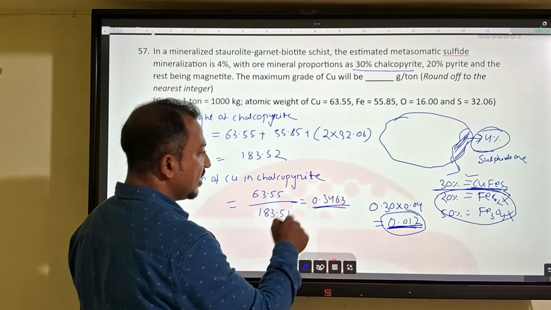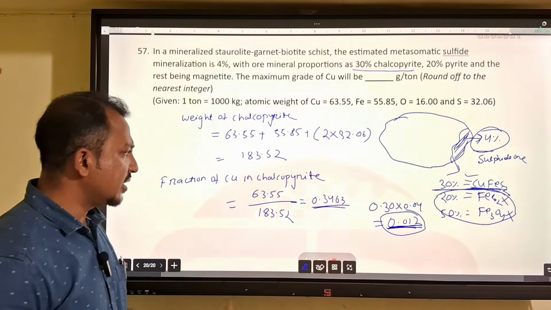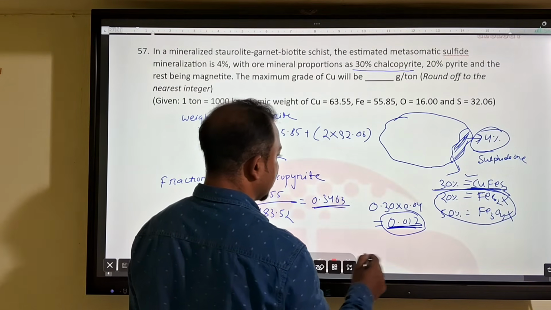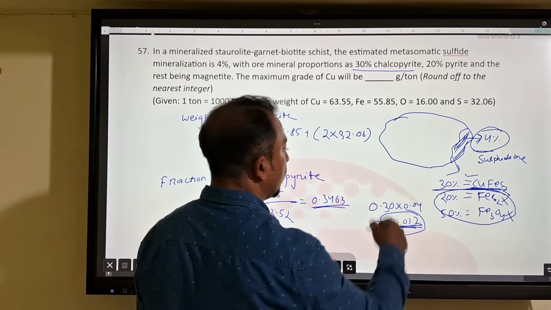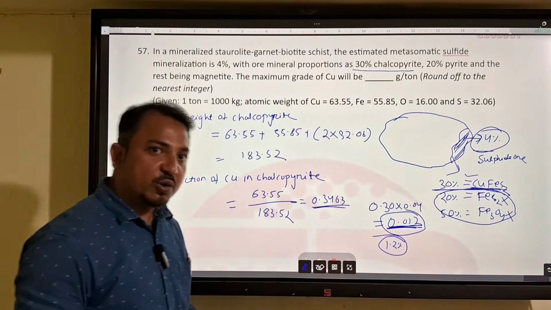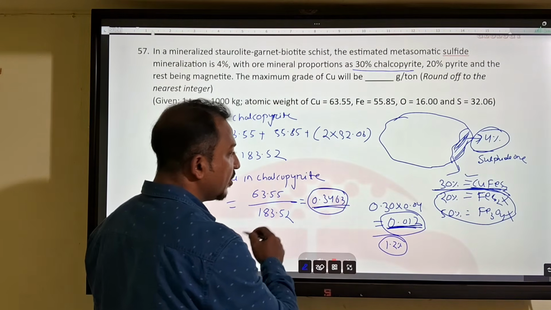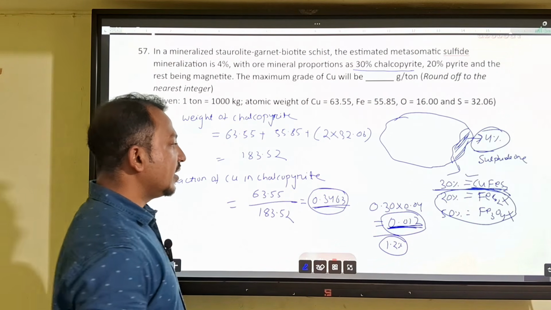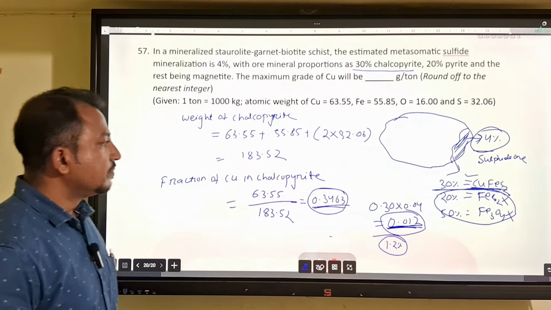From 100% chalcopyrite we have approximately 34% copper. So from the whole deposit, 1.2% is chalcopyrite. If 100% chalcopyrite contains approximately 34% copper, then how much will 1.2% of chalcopyrite contain?